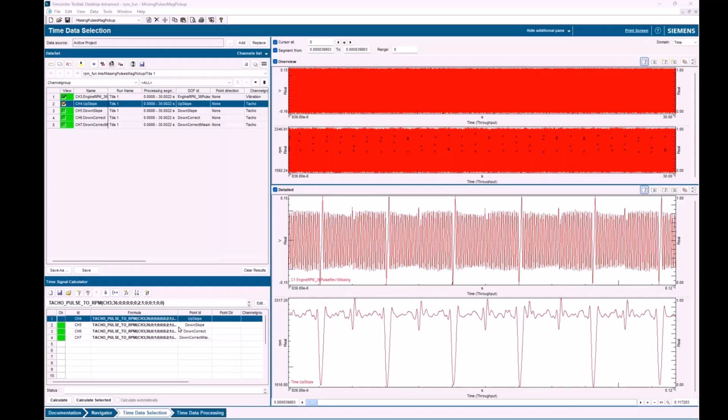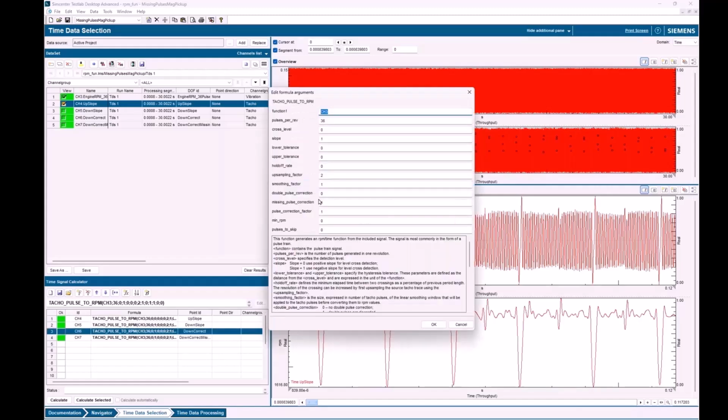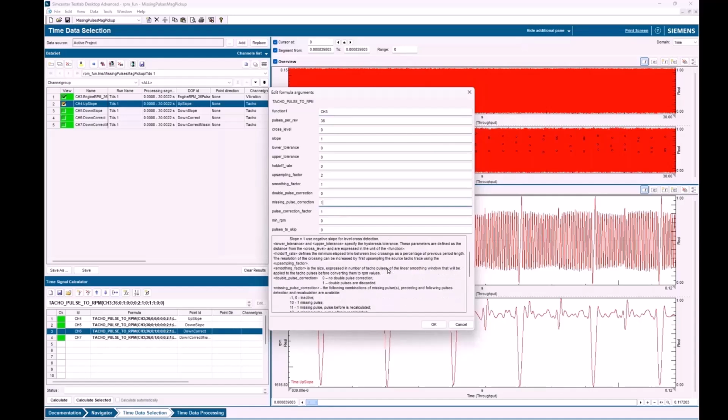So that's something that we don't want. Now, in the tacho pulse to RPM command, and you have this both online and offline, there is a setting for if you're missing a pulse called a missing pulse correction. And you can see that's set to 1 here. This will try and fill in and compensate for the fact that there is 1 missing pulse per revolution.